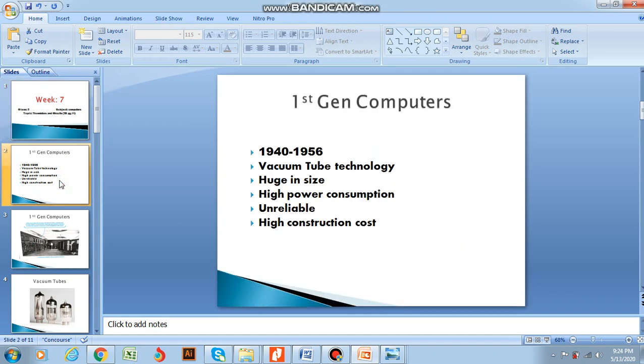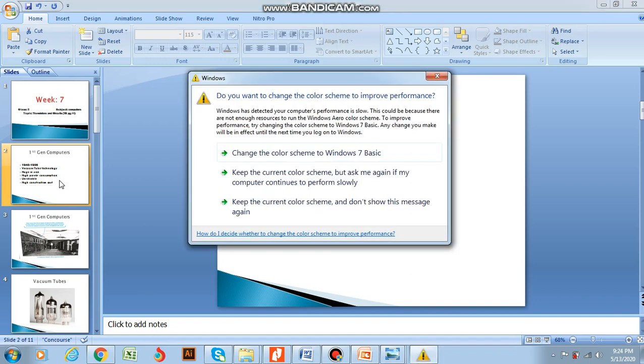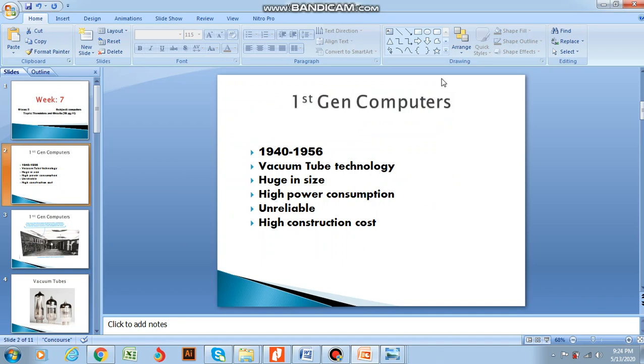Okay, so first generation computers, they lasted between 1940 till 1956. First generation computers used the technology. The technology name is vacuum tube technology. Several thousands of these vacuum tubes were connected using cables in order to operate. Because of this technology, the first generation computers were huge in size with high power consumption.